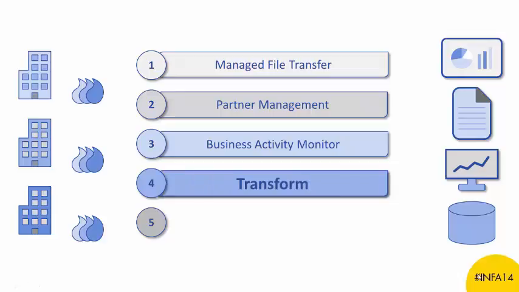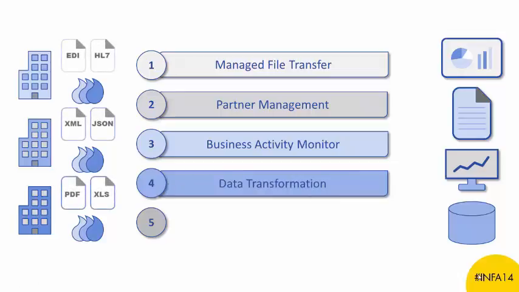Next, we have the transformation. Data transformation provides the capability to translate PDFs, Excel documents, XML, JSON, EDI, all the different industry standards that are out there today. We provide the capability to address the industry standards by using libraries.